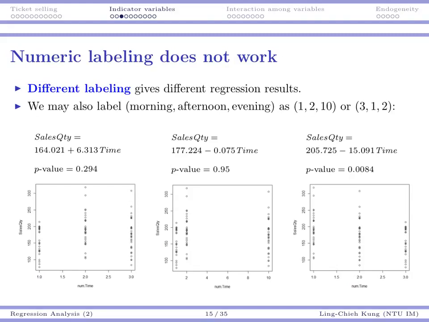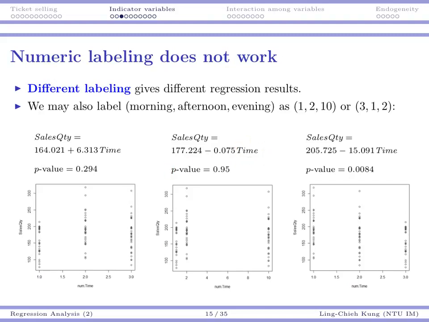If we label them as 1, 2, 3 for morning, afternoon, and evening, we get around 6.3 as our coefficient, and that's not a significant variable. If we label them as 1, 2, 10, then the impact is even smaller because the slope becomes flatter, and we can see there's no impact of time.